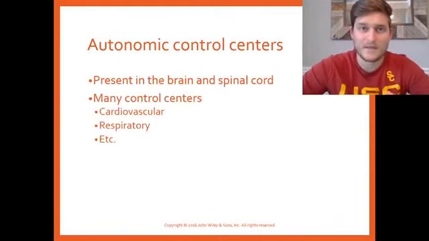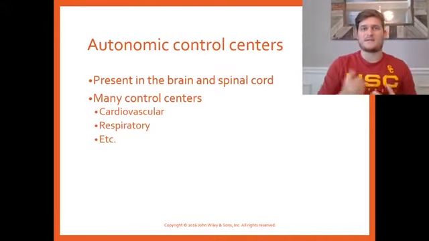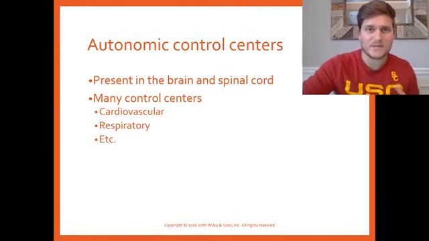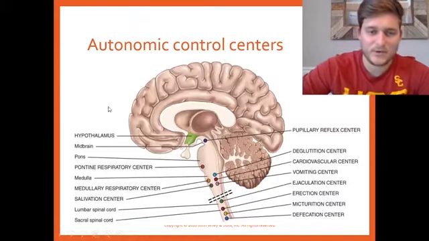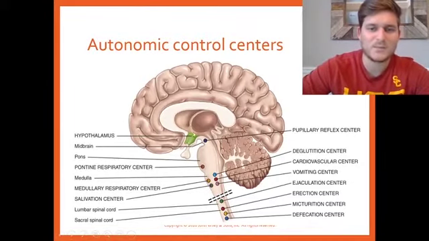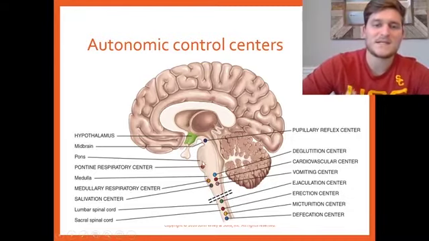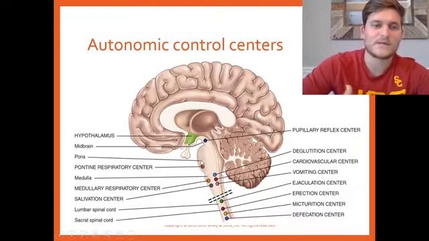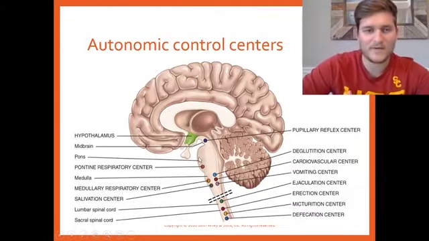We have different autonomic control centers in the brain to help basically dictate how much parasympathetic or sympathetic signaling needs to occur at this organ. And so we can see that in the brain stem and some located in the spine as well, there are these designated areas to basically regulate the different visceral organs within our body. And so you have a respiratory center, cardiovascular center.